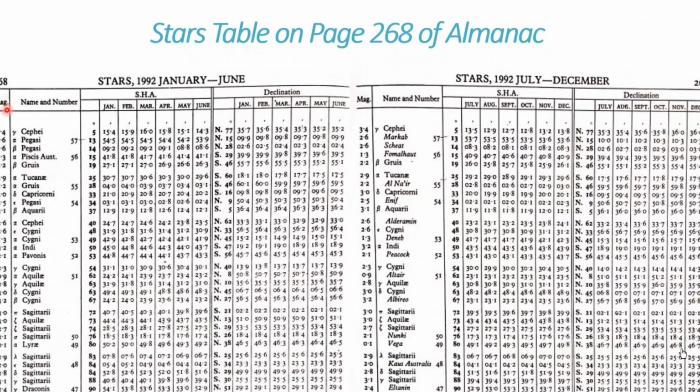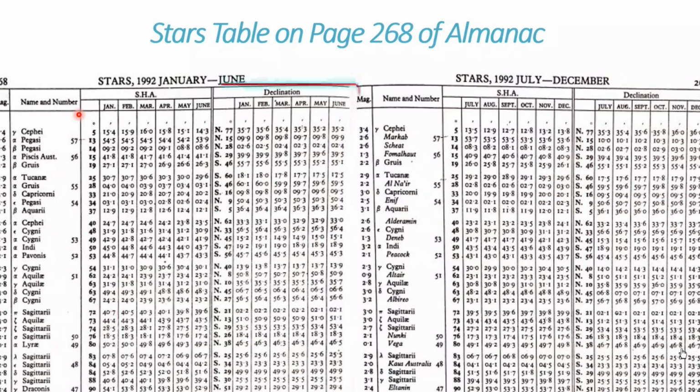Now this table gives us the required information about the stars. The first column which you see gives us the magnitude number of each of the star. The second column gives us the name and number of the star.